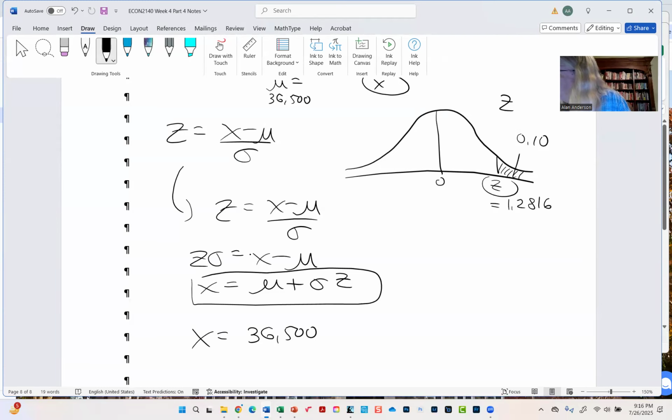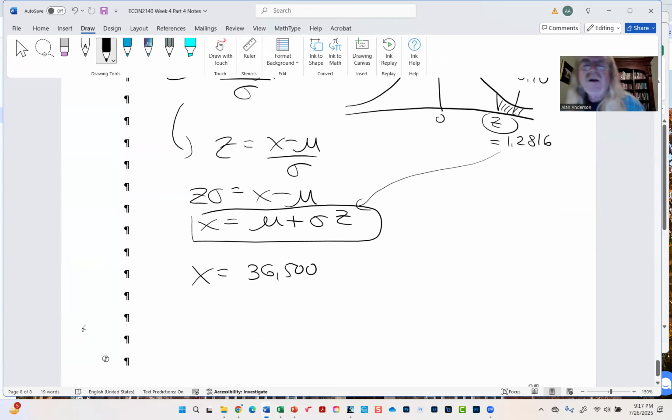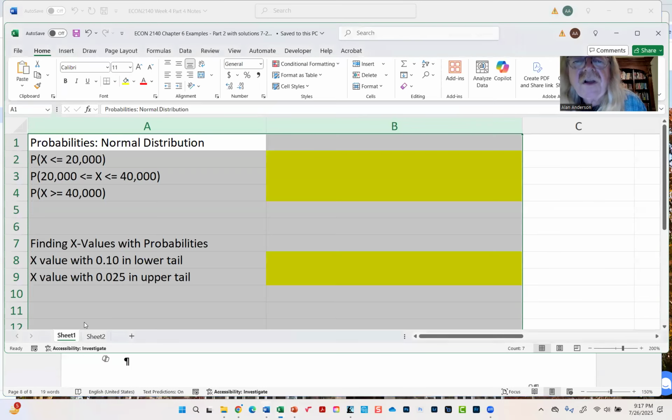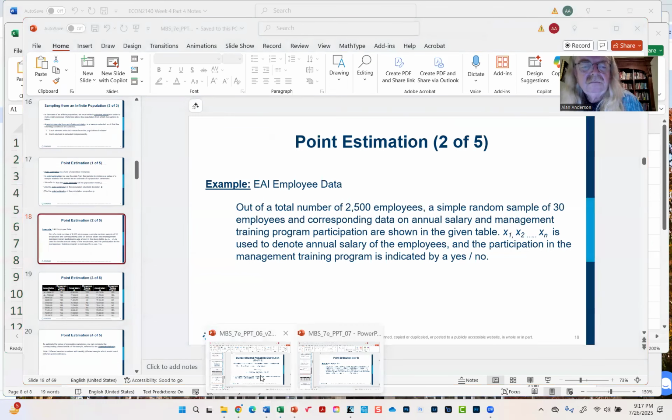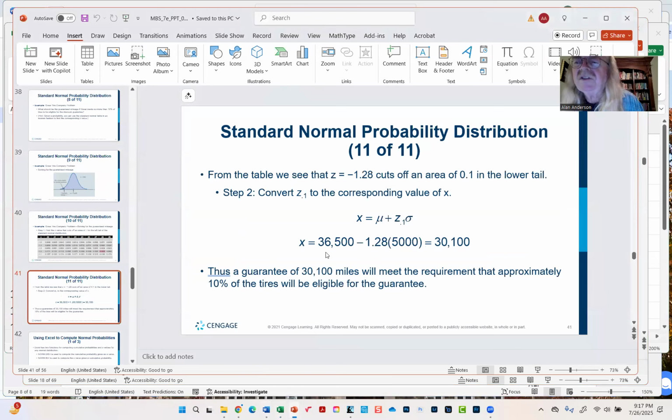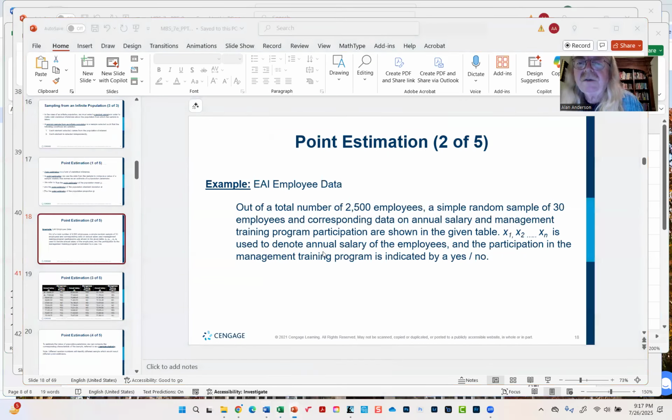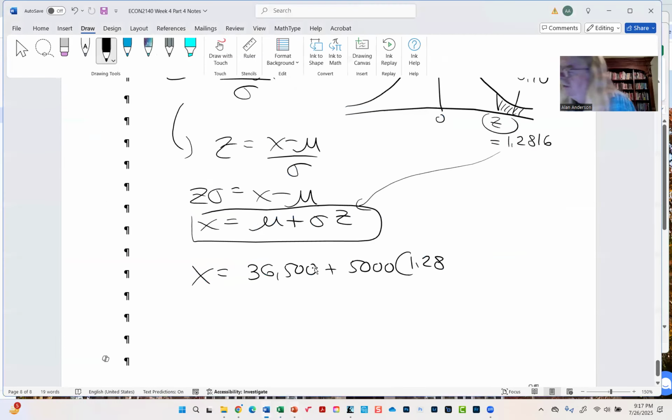And we're going to need that for this formula. All right, so 5,000 is the standard deviation here. I think they're rounding it in the slides to 1.28. Let me just confirm that. Yeah, so let's just stick with that 1.28, even though it's been rounded. So you take out the calculator.